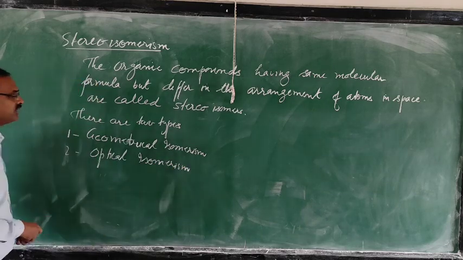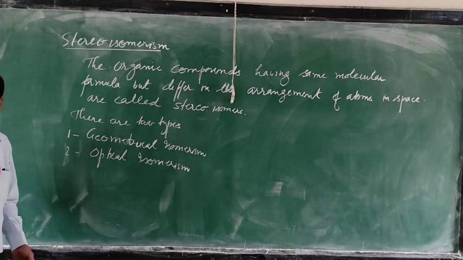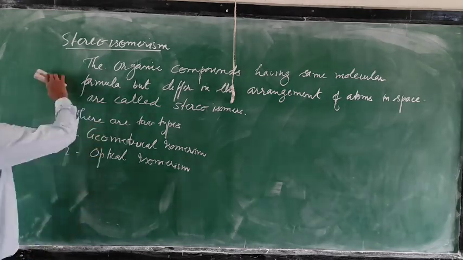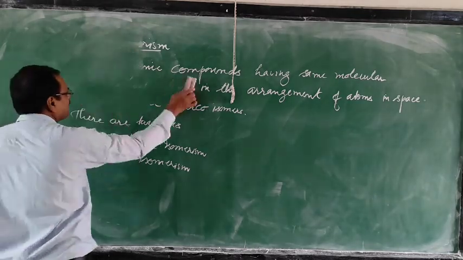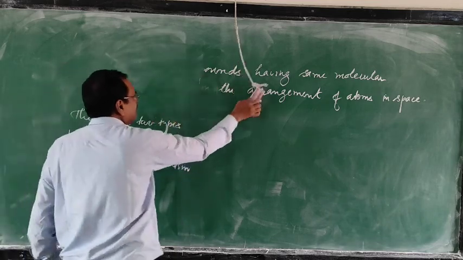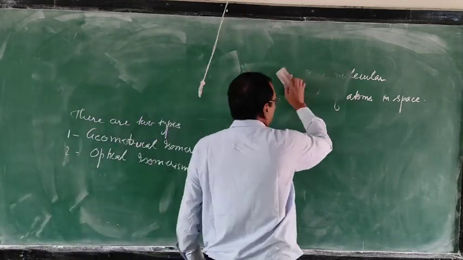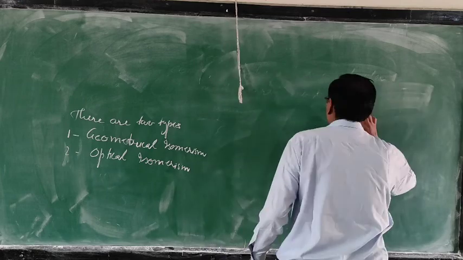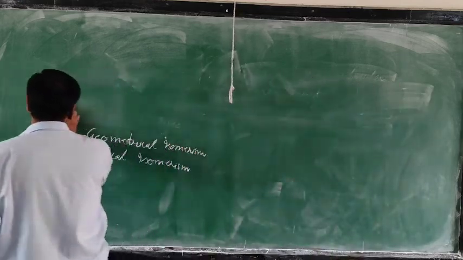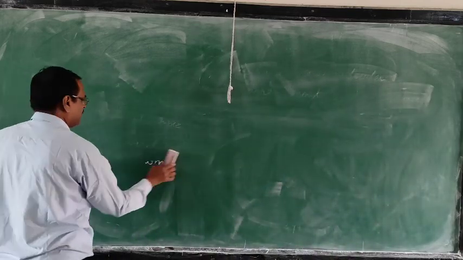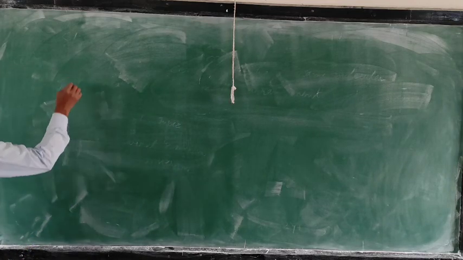So first of all, we will take geometrical isomerism. In geometrical isomerism, the compound must contain a carbon-carbon double bond.